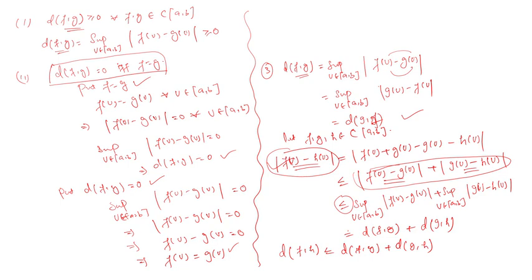So d f comma h is less or equal to this thing, which proves the triangle inequality.